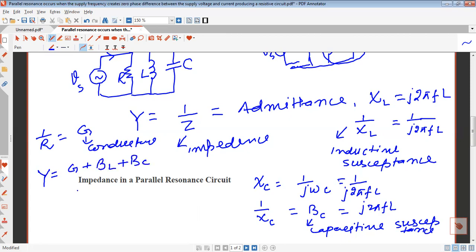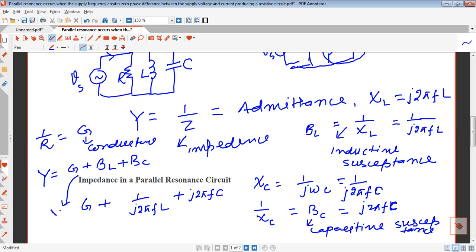Here BL is 1 by XL, which is 1 by J into 2 pi f into L, and BC is J into 2 pi f into C.